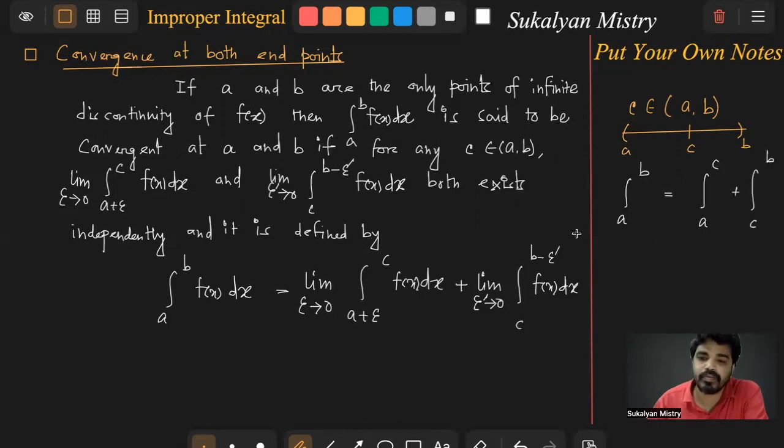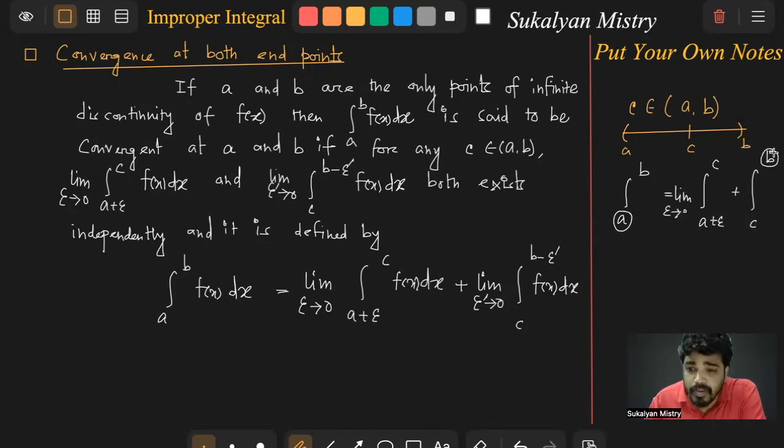Now this is my left end and b is my right end. For the left end, if a is the point of discontinuity, then a is the left end, so limit epsilon tends to 0, a plus epsilon.